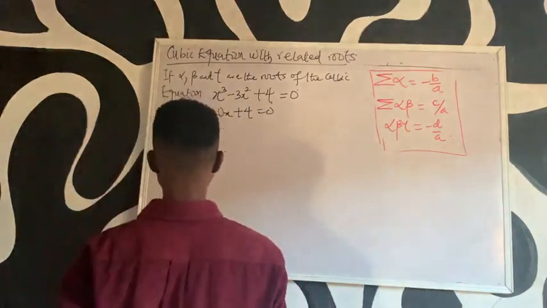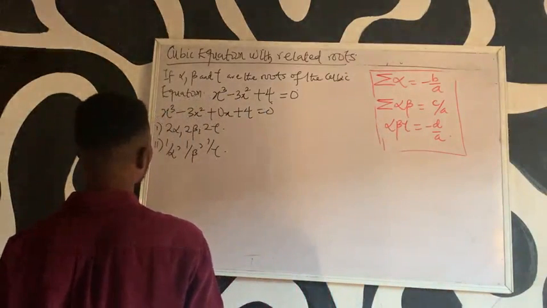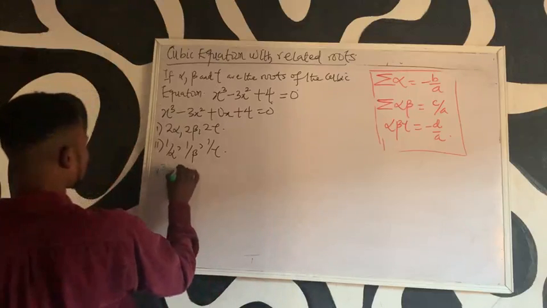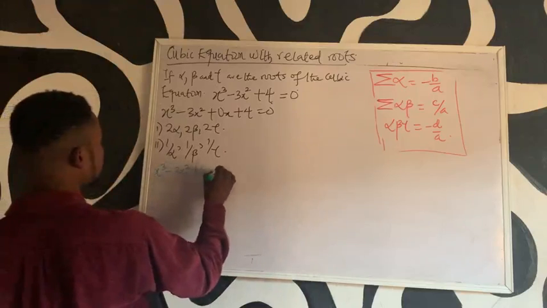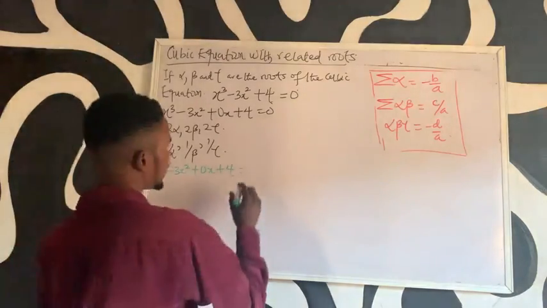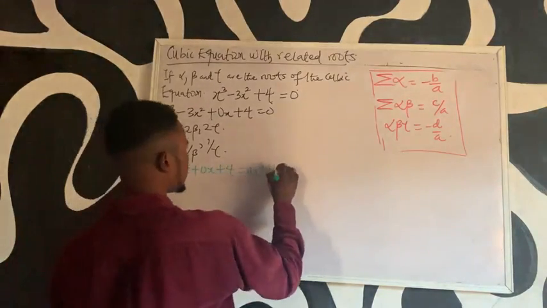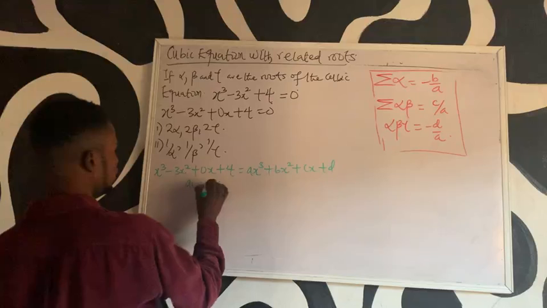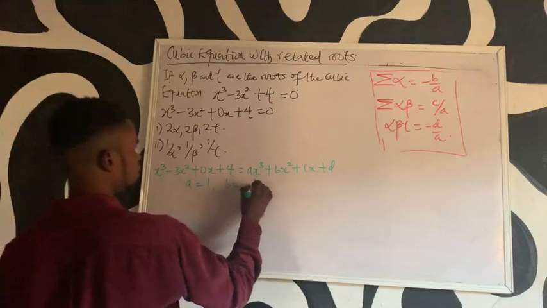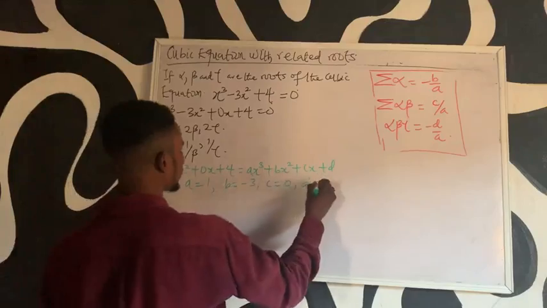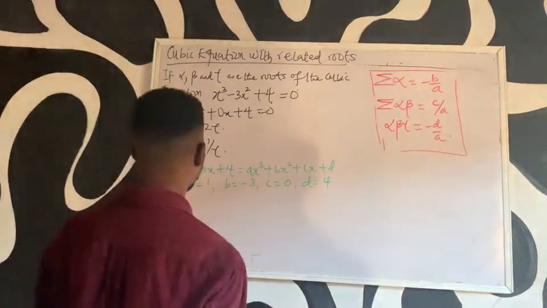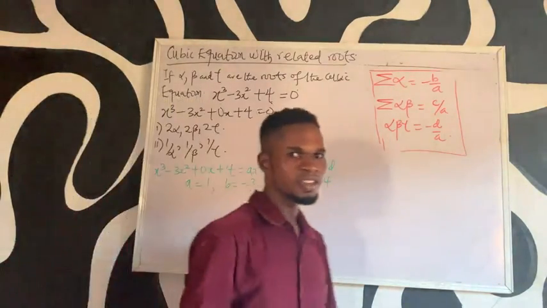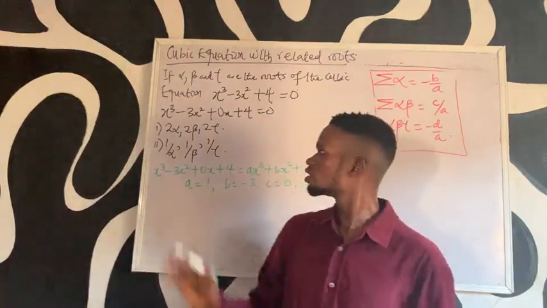Here, equating the coefficients with the general form of a cubic equation, we have x cubed minus 3x squared plus 0x plus 4 is the same thing as ax cubed plus bx squared plus cx plus d. A is 1, b is minus 3, c is 0, d is 4. So let's find the summation of alpha. But mind you, we are given 2 alpha, 2 beta, 2 gamma, not ordinary alpha.